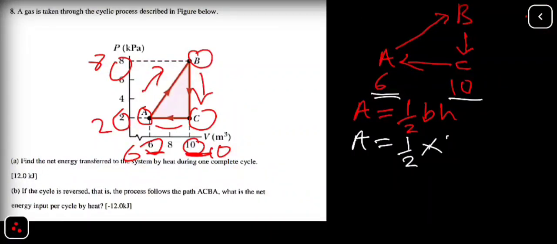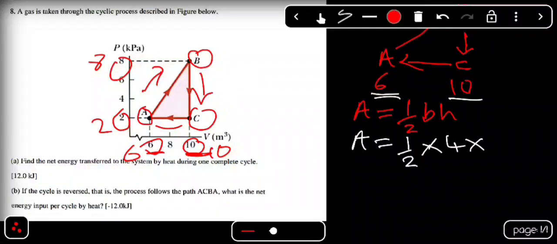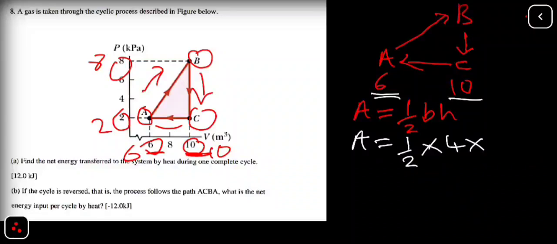10 minus 6 is 4, times the height. For the height, we subtract 8 minus 2, which is equal to 6.